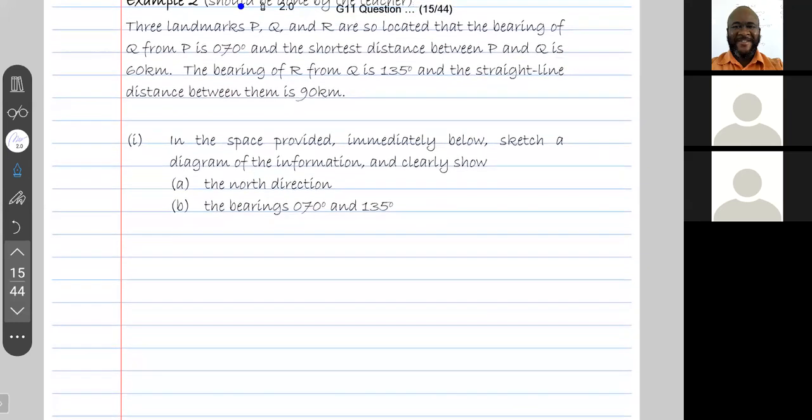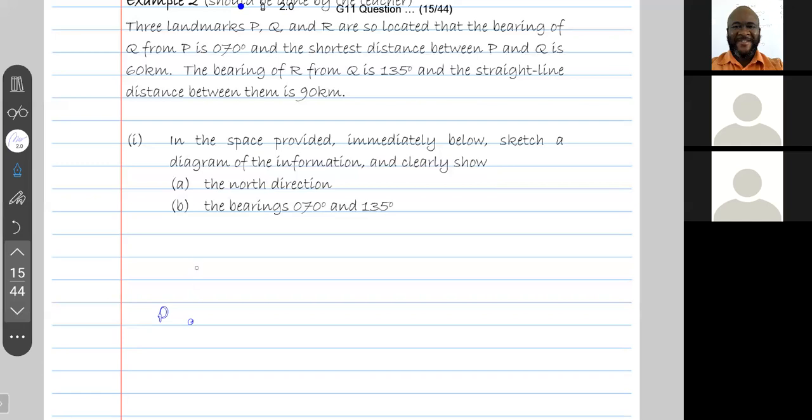All right, so I have a starting point. My starting point is P. And I'm told that the bearing of Q from P is 70 degrees.